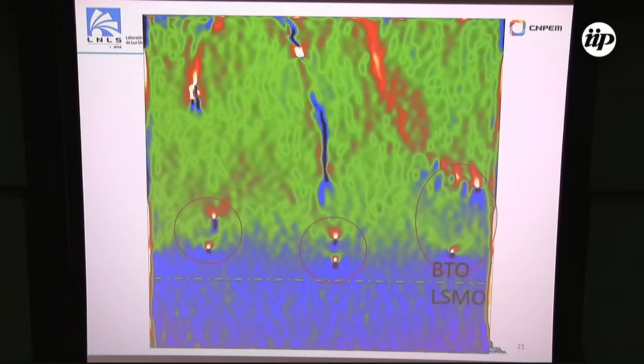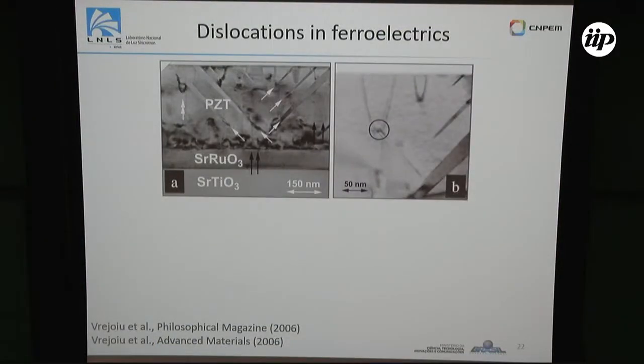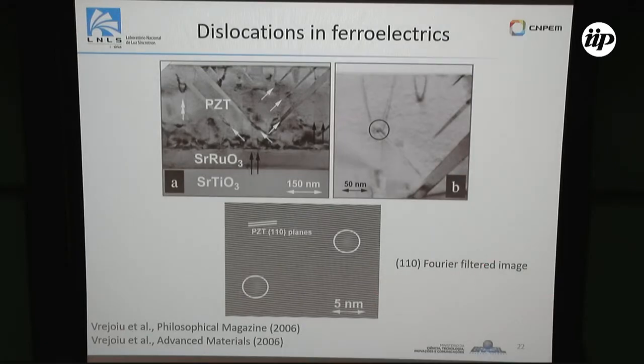When we look at other work on this, we found one on lead-type PZT, where they see several things in the image, and when they did the Fourier transform in a specific direction, they see this dislocation. But in this case, the dislocation is not a misfit dislocation. They are in pairs, also like mine, and they are pointing to each other here.